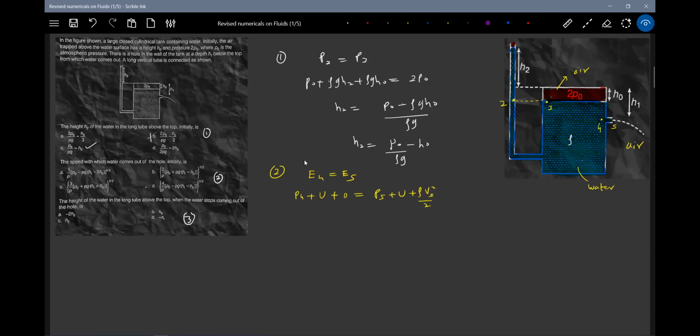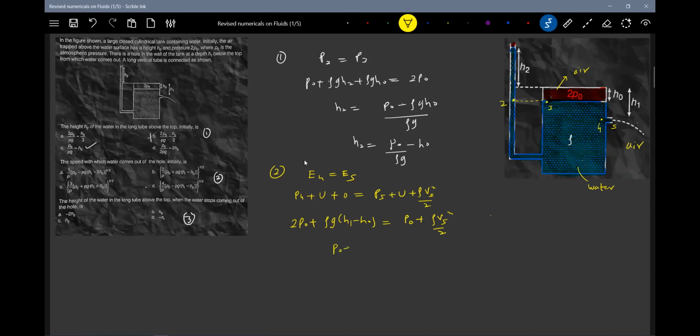Pressure at 4, how much is it? 2 P naught plus rho G, the height will be H1 minus H naught, equal to pressure at 5, P naught, plus half rho V5 square. Solving, we will get the velocity of efflux.